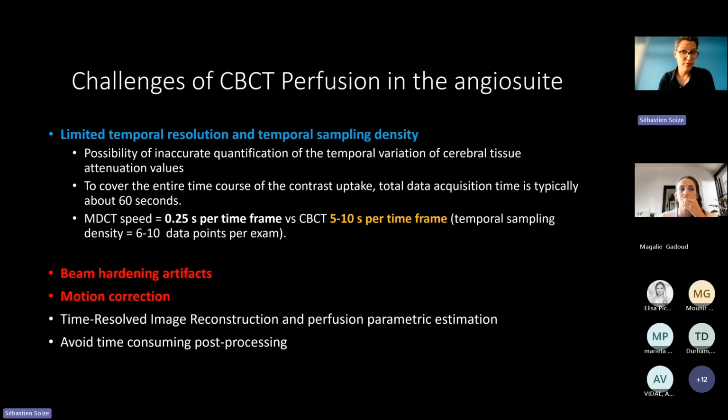You also get other artifacts that can be super annoying. You get beam hardening artifacts, motion correction artifacts. We will talk also about specific artifacts due to the CBCT perfusion a little bit after. And actually, a few years ago, it was super time consuming for the post-processing, even more than CT perfusion. And now with the CERCare solution, it only takes a very short amount of time.